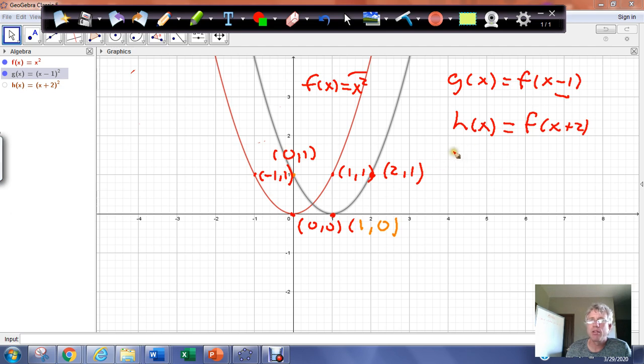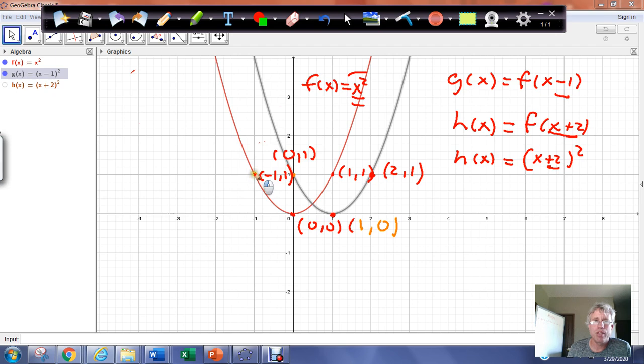So again, that means h of x is going to equal, this is the squaring function, and in the squaring function we just replace the x's with x plus 2. And because I'm adding 2, I'll get to the outputs faster. That's going to shift my toolbox function to the left by 2 units.